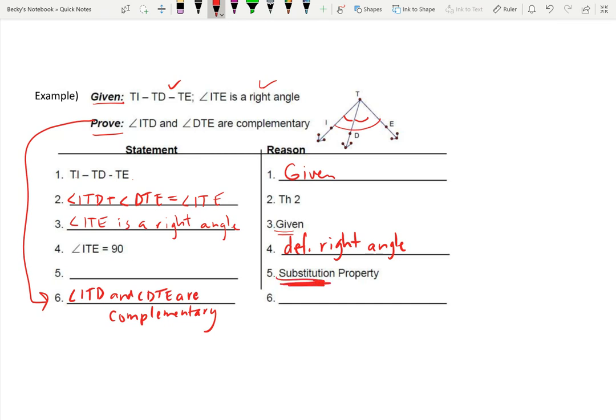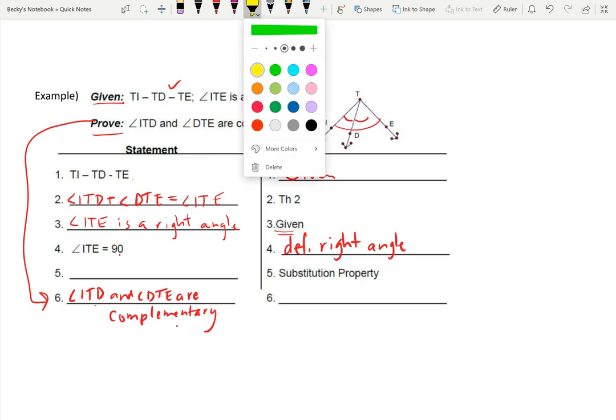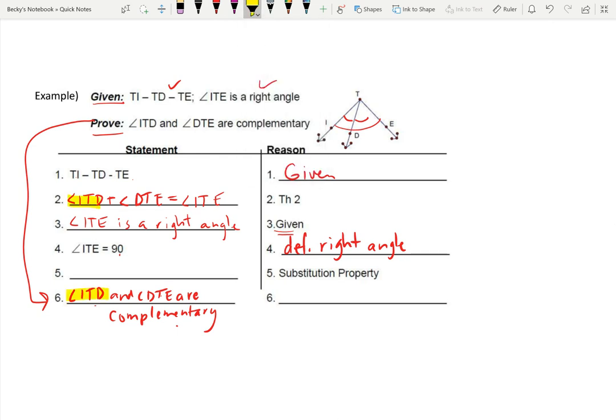Major hint, substitution. We're going to substitute something. So remember, this is a path. We have to look back at all of our steps and see what we can substitute for the final goal of these two angles have to be complementary. Well, we know 90 degrees means they're complementary. So let me get my trusty highlighter out here. ITD, well, that's here. And DTE, that's there. This is our complementary. Well, what do you know about this? Don't we know that this means it's a right angle?